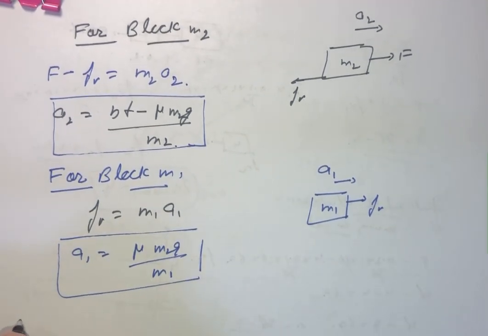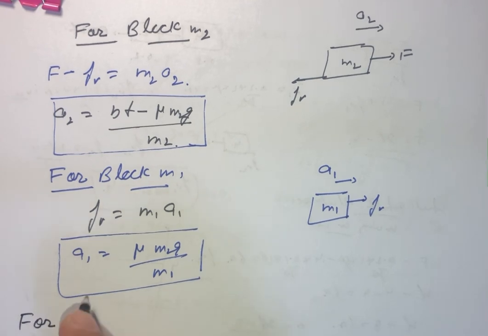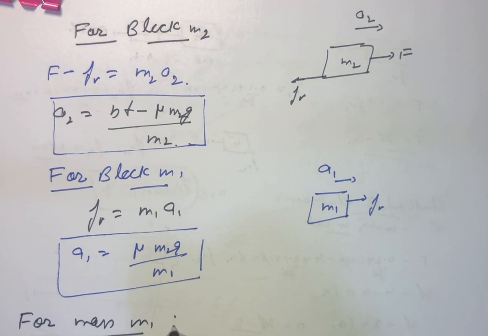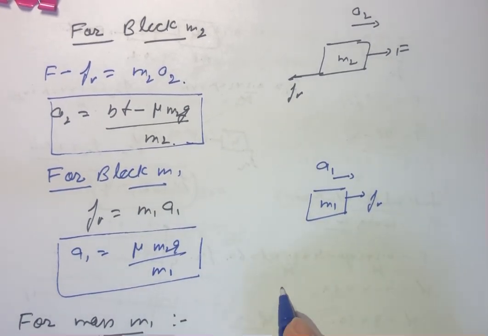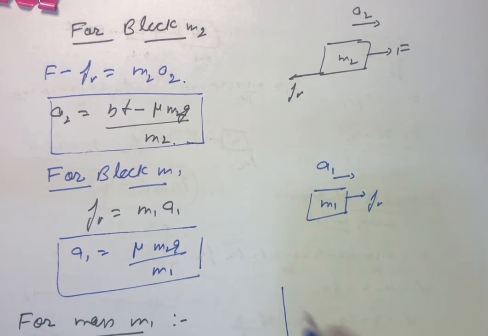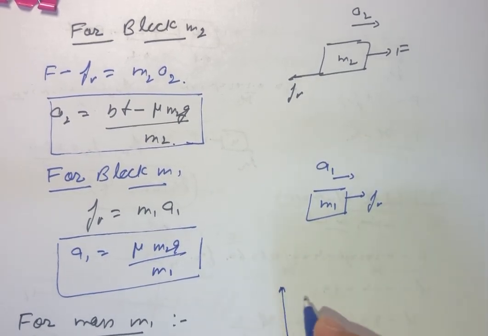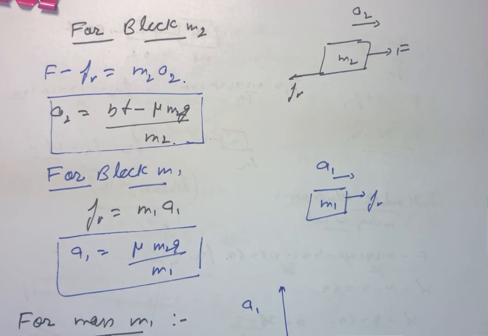So you can say for mass m1, this is our time, and this is our acceleration, that is our a1. Now this graph will be plotted for two conditions.